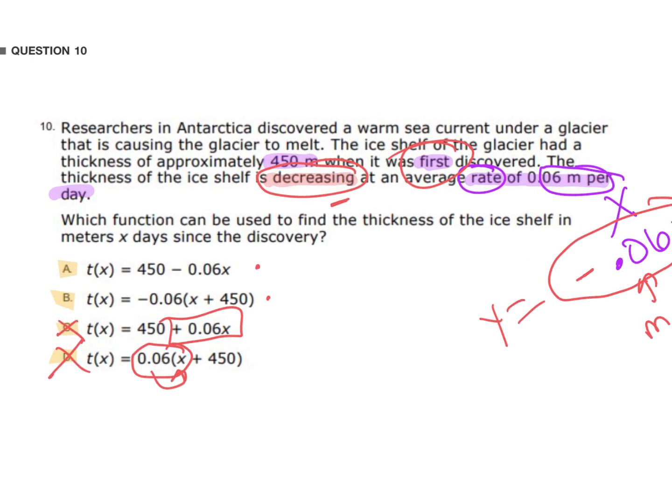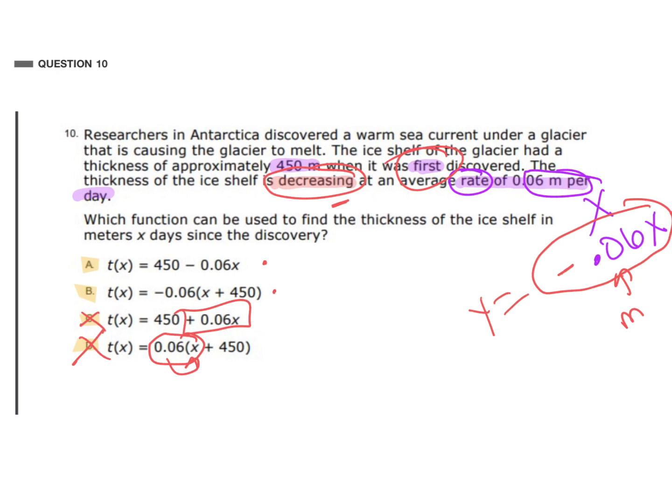Okay. So let's see. If I were to distribute, I'd have a negative 0.06x on B. So that would give me my negative slope. But remember, I also need to distribute that negative 0.06 to that 450. So we can put it into slope-intercept form. And when I do that, I am left with 27.